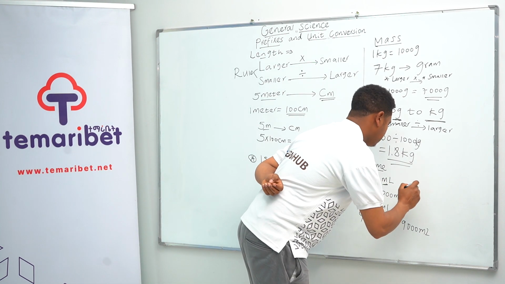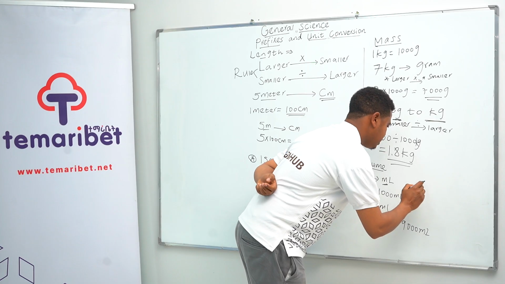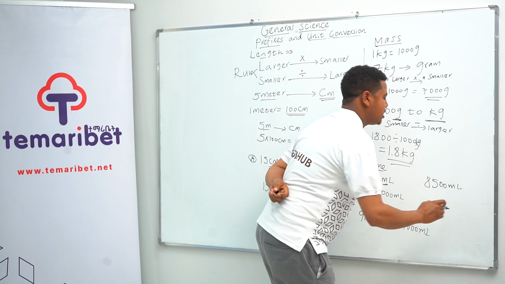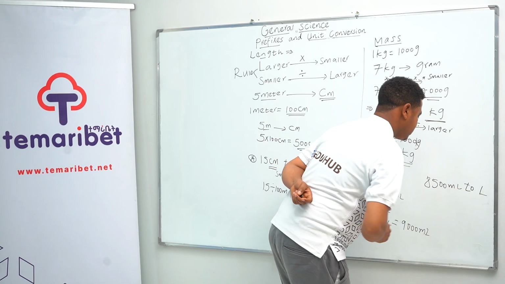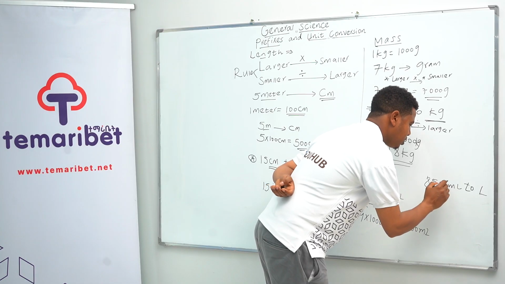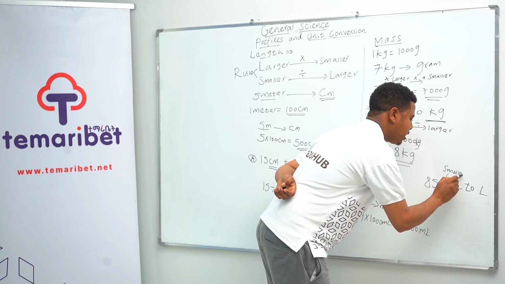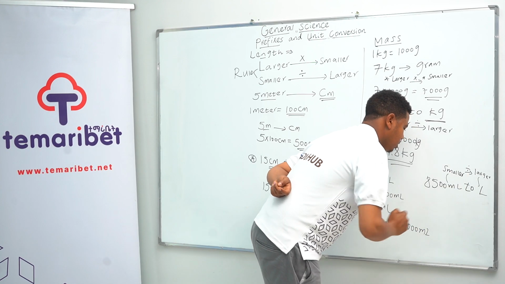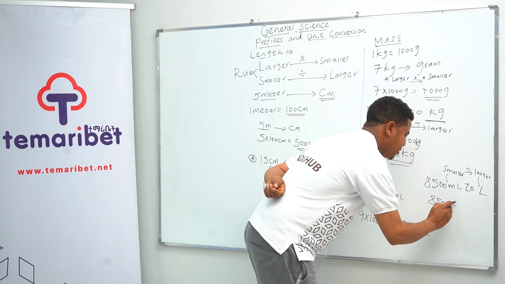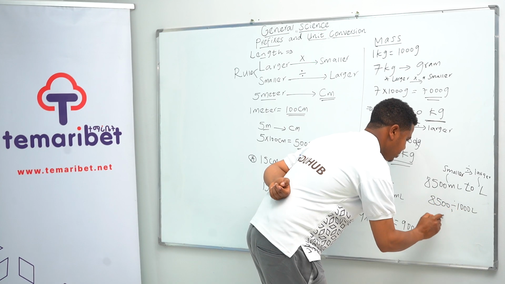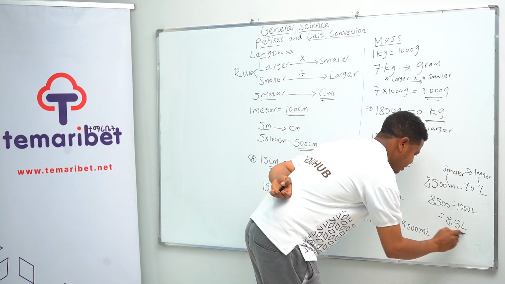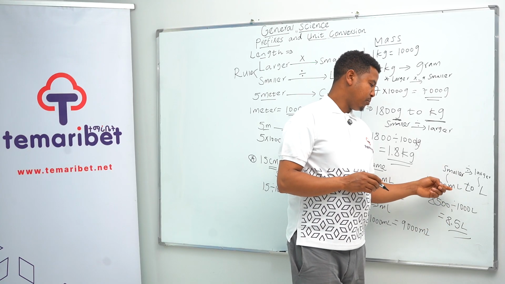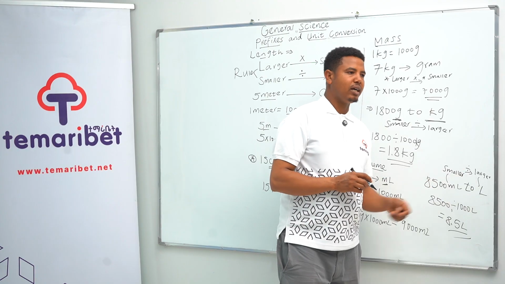Let's make it inverse. If the given unit is 8500 milliliter to be changed to liter, since milliliter is smaller and liter is larger, we just use division as usual. So 8500 divided by 1000 liter, which becomes 8.5 liter. So 8500 milliliter, sorry, is equivalent to 8.5 liter.